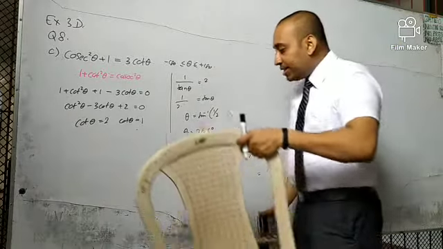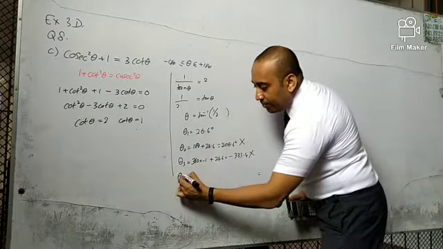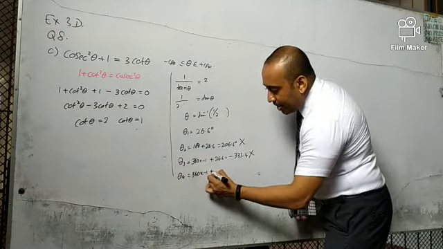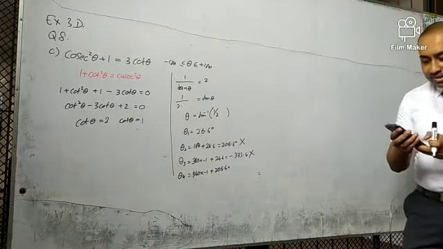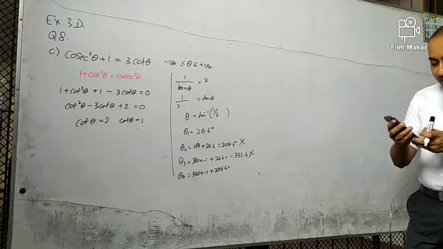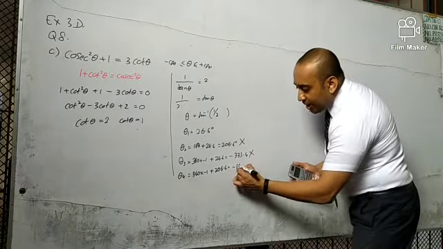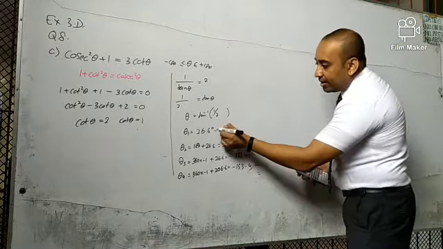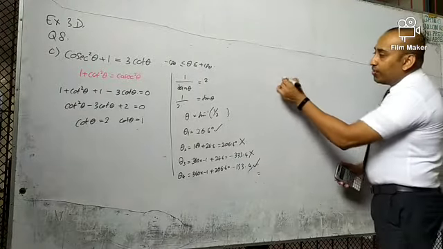But theta 4 is minus 360 plus 206.6, that is minus 153.4. This is within range, so these two answers are correct. Then we can go to the next part.